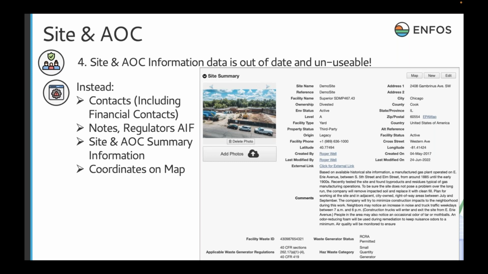Now, as we talk about that report, the site information or the AOC information report, you can also export that data, right? And that's going to export it in Excel, where you can update information in bulk, save it, and then import the data in bulk, right? That's really how we are doing our data migration for our implementation group.